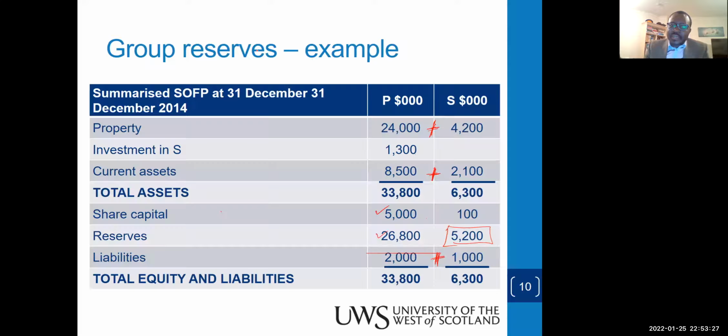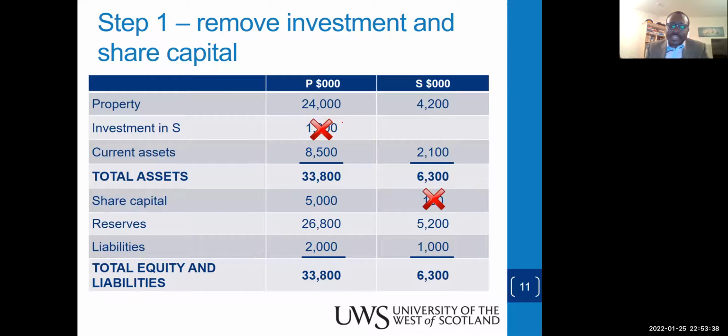And since it is 100%, we've made life easy, the 1.3 is the same over here. The investment in S is the same, okay. What is the first step over here? Cancel out the investment against the share equity. If there are any other components of equity, consider that one as well and knock them off, okay?